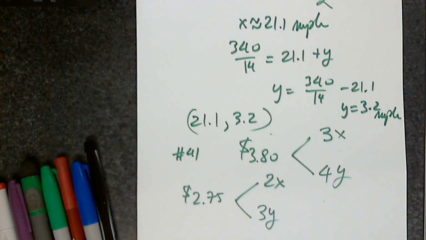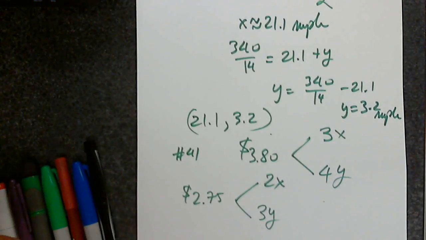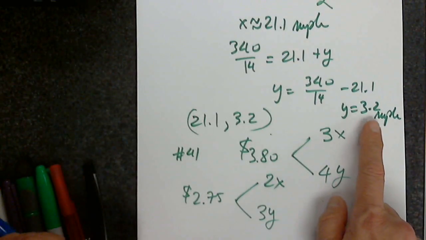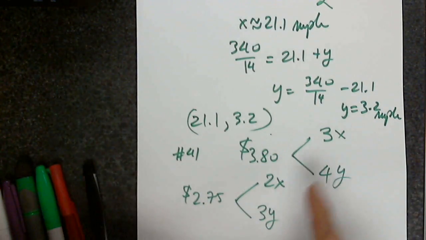So you have 340 over 14 minus 21.1 because you have to go into the other side, and that's how you get the 3.1. It's 3.2. You have a minor error in there. Yes, it is 3.2.